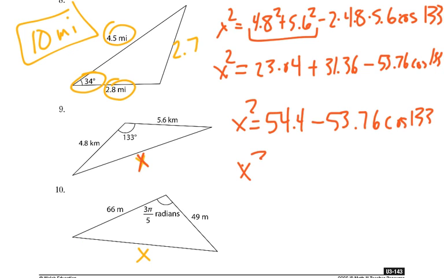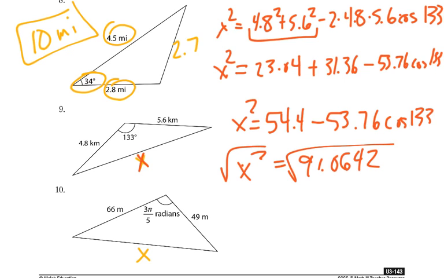So then x squared would equal that 54.4 minus 53.76 times the cosine of 133 degrees. So that's like 91.0642.